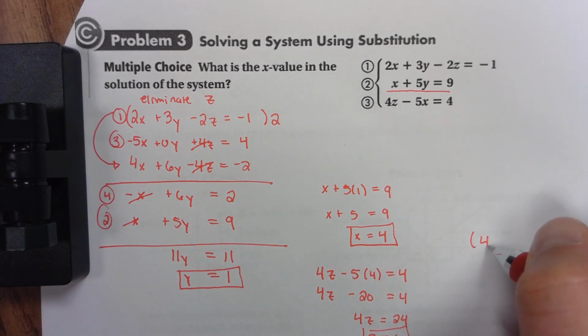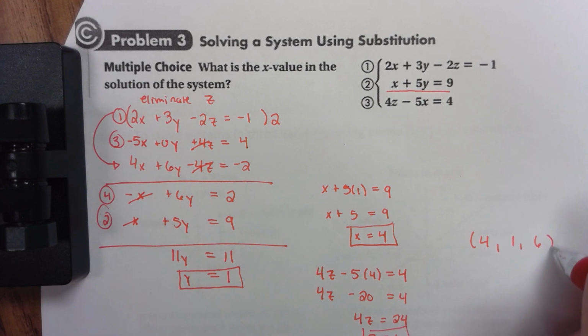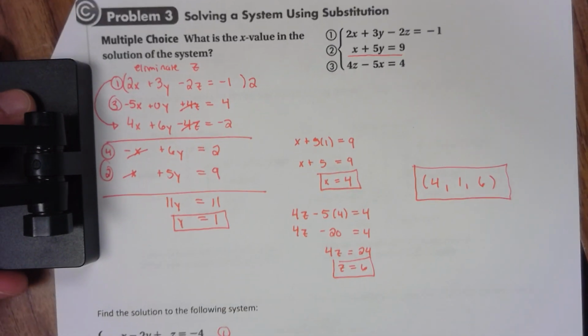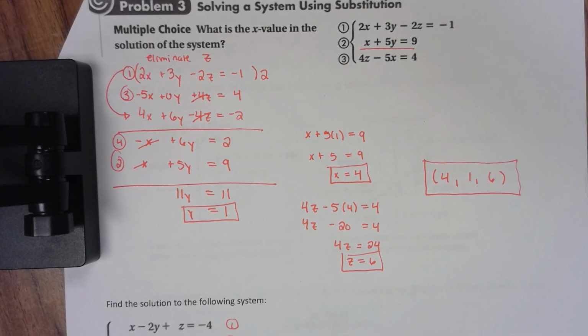And so our solution is 4, 1, 6. All right, so that ended up not being too bad, but again, that starting point felt a little bit different than what we had done previously.